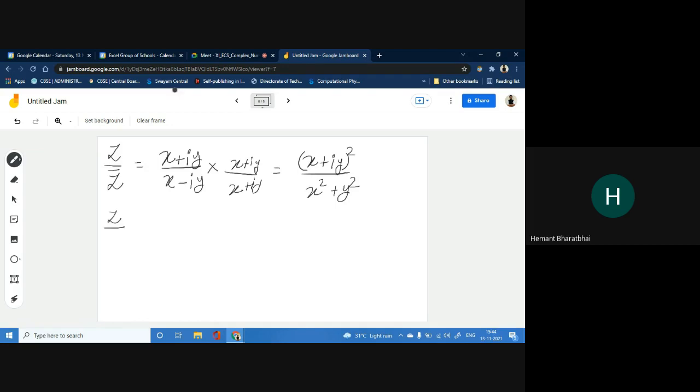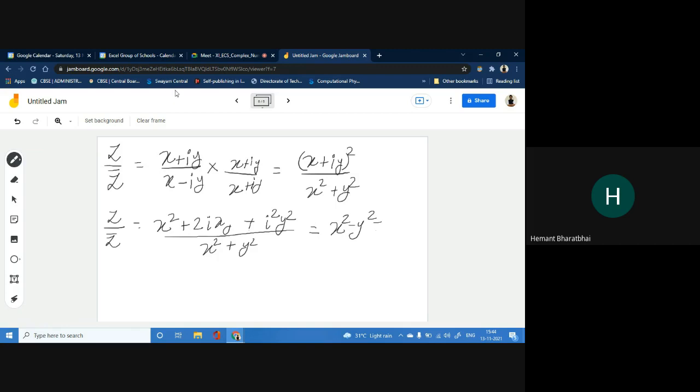So let's expand this. So I'll get Z upon Z bar is equal to X plus iY, the whole square, that will be nothing but X square plus 2i x y plus i square y square upon x square plus y square, where i square equals minus 1.